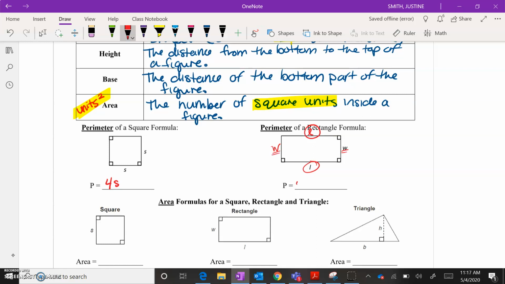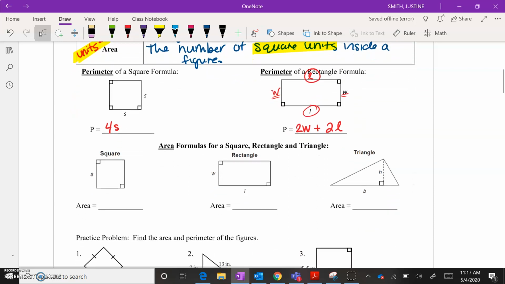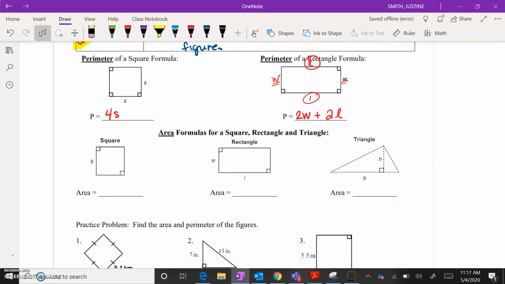A lot of times you'll see this as 2 times the width plus 2 times the length, because there are 2 of each of those. For area of a square, you would be doing the base times the height, and since they're both s, you'll see this written sometimes as s to the second power, because you're really doing s times s.